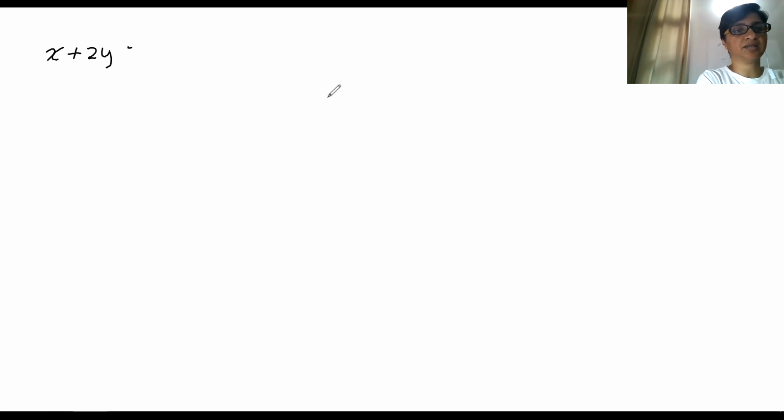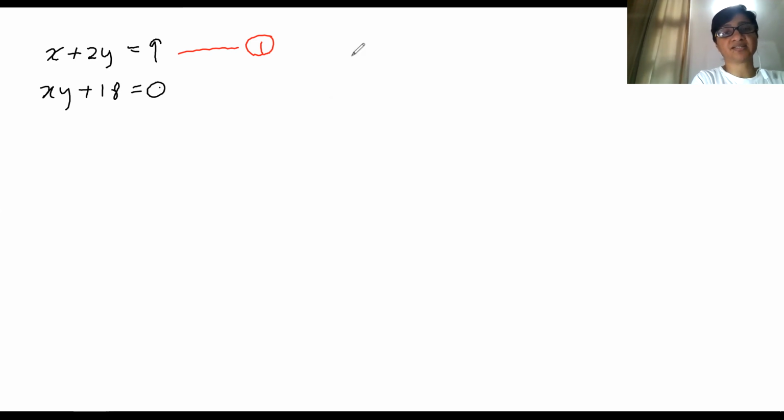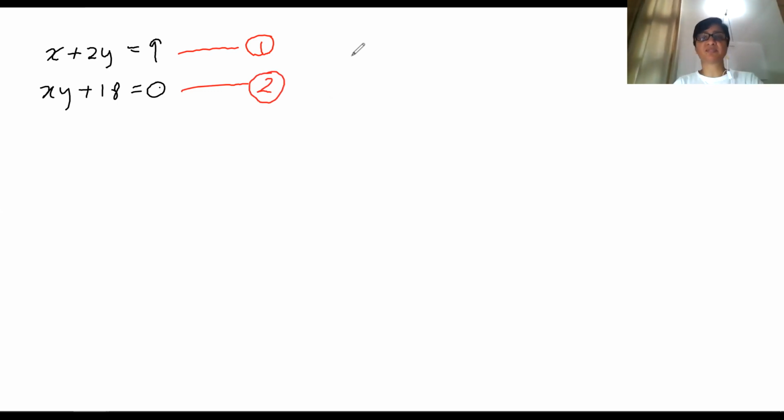In order to find the intersection points, you know that you have to solve them simultaneously. And the substitution method could work.